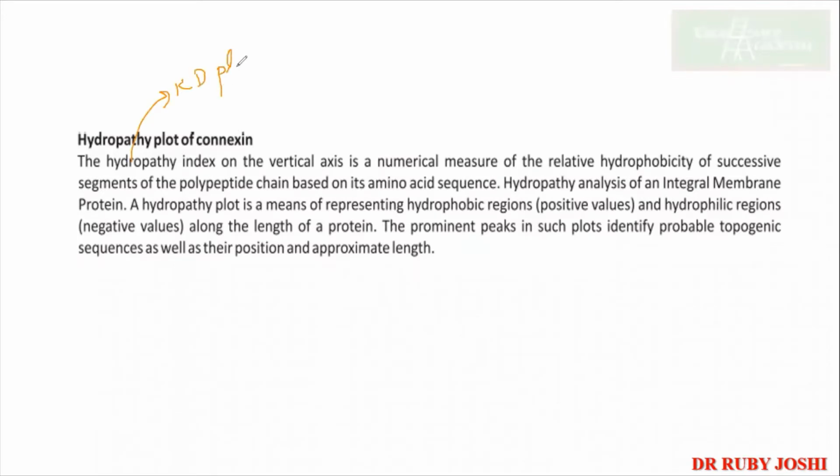Please do study about it. If a KD plot comes in the exam, it shouldn't be that we haven't learned about it. KD is the name of the scientist, Kyte Doolittle, something like that, I don't remember exactly. Just please search about it. It is also known as the KD plot or the hydropathy index, which will tell you how hydrophobic your polypeptide chain is, depending on its amino acid sequence.